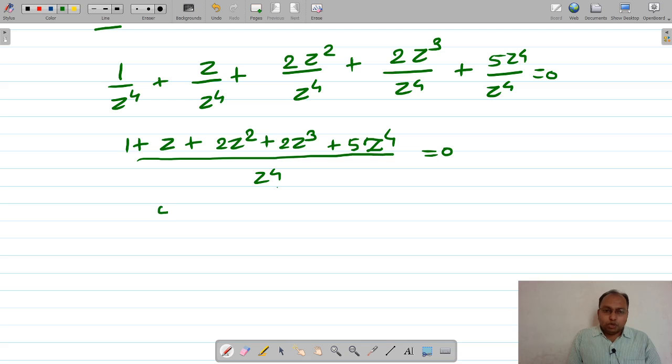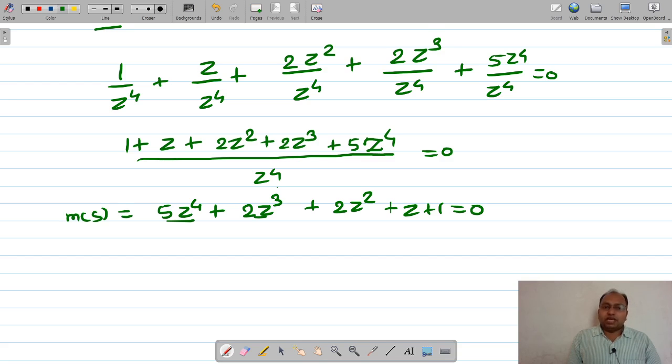So this new modified polynomial equation will have 5z raised to 4 plus 2z cube plus 2z square plus z plus 1 is equal to 0. Let us say this is the modified polynomial equation m of s.